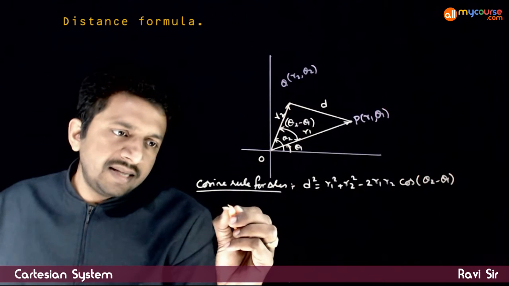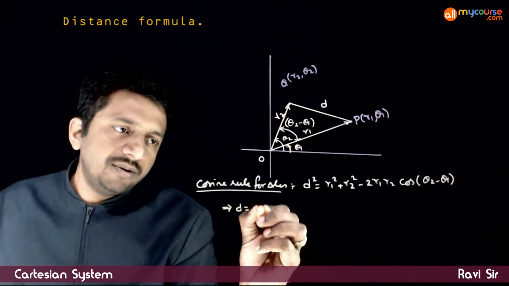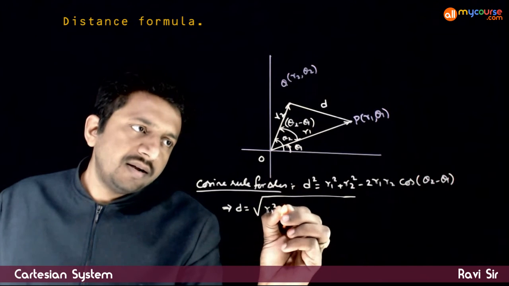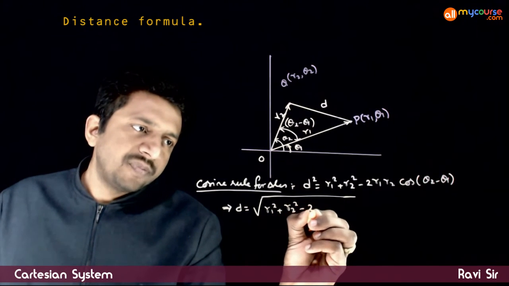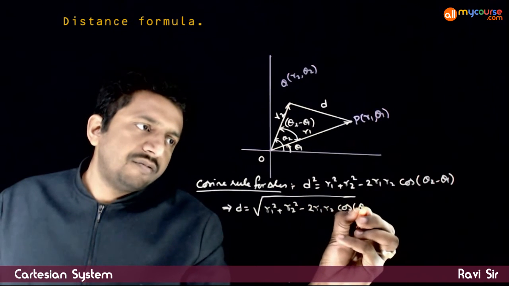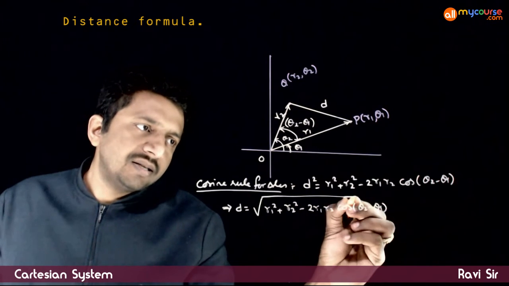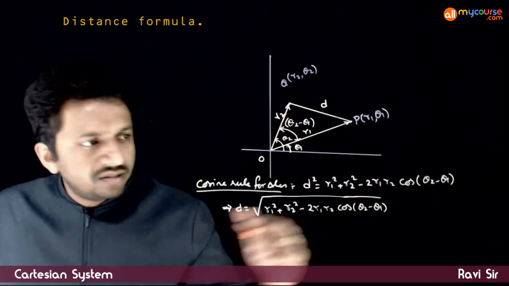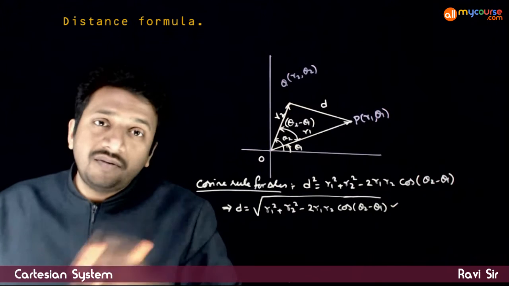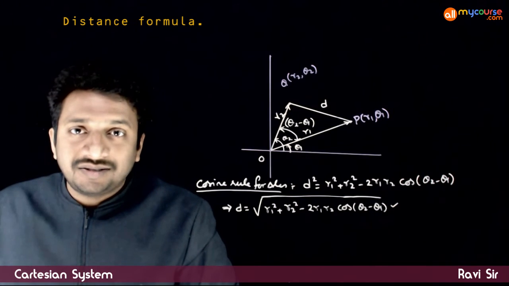So this implies d is equal to the square root of r1 square plus r2 square minus 2 r1 r2 cos of (theta 2 minus theta 1). So this is how you find the distance if the coordinates are given in the polar system.